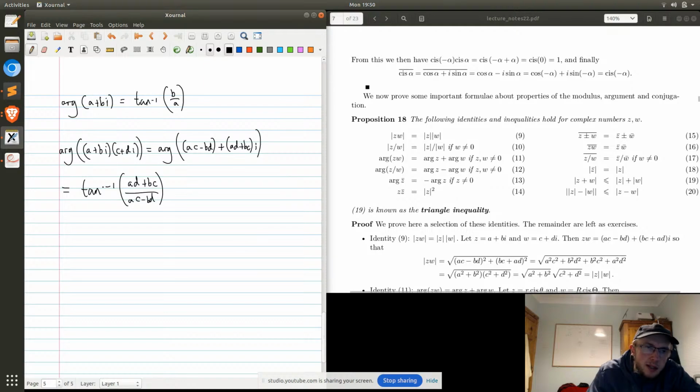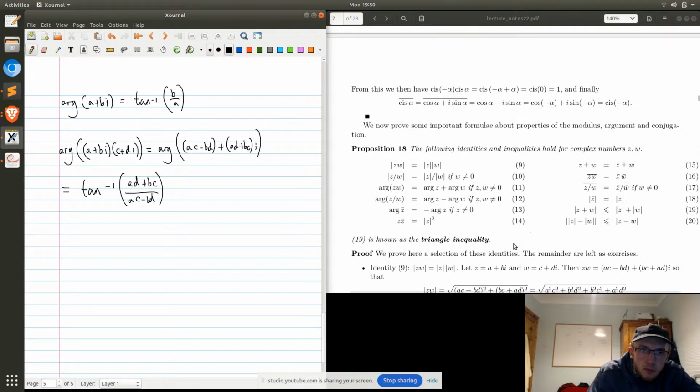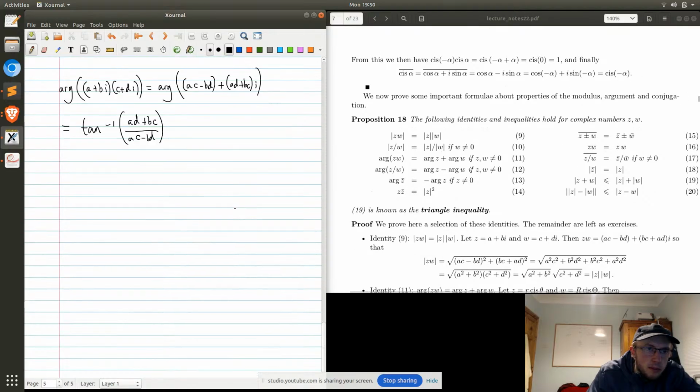Yeah, I have no idea how to add a pair of arctangents of whatevers. So there has to be a different approach. And I can see that they're using cis, an alternative form.